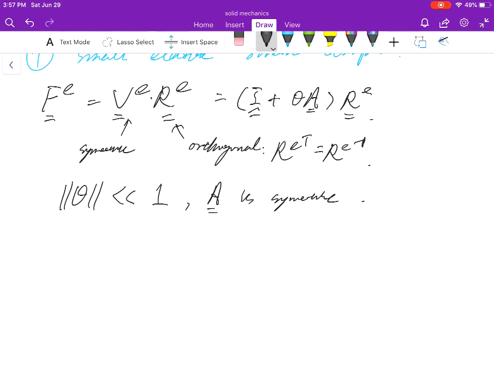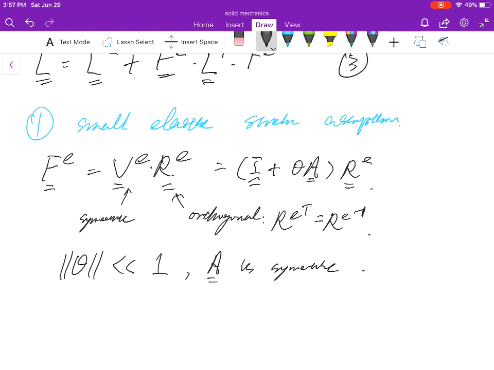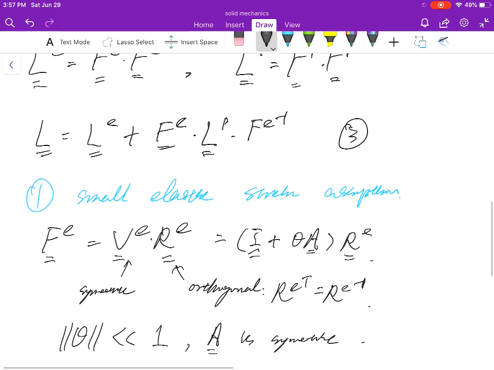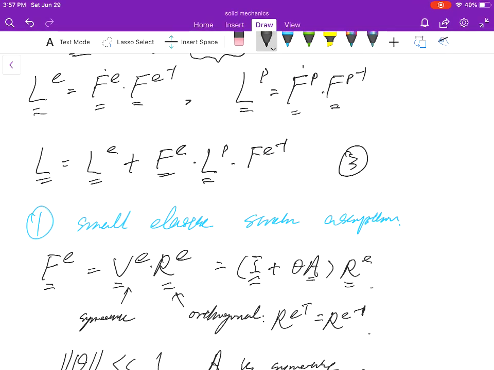Okay. So based on this, what we need to do is substitute equation 4 into equation 3 to simplify. Actually, to be honest, it's not simplified, but it makes equation 3 more complicated. But let's do it to see what we can get.